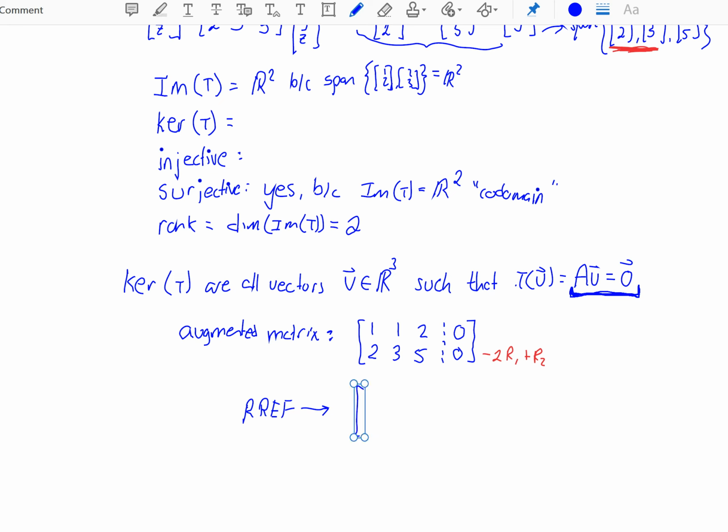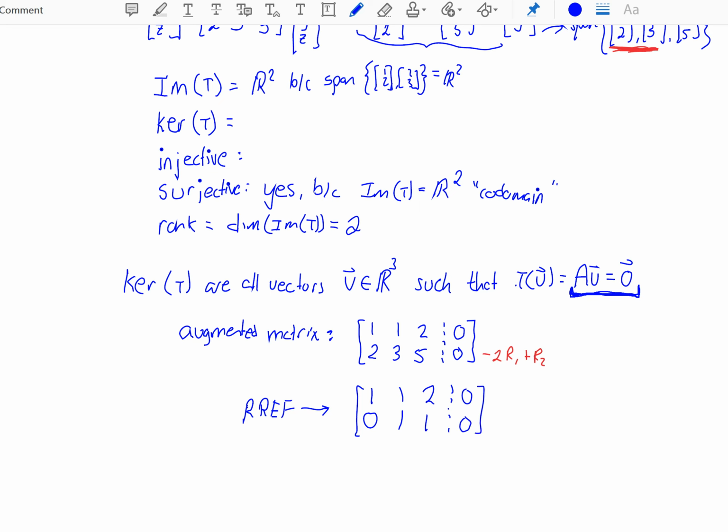When doing this row operation, we would not change the first row. And -2 times that added to that is 0. -2 times 1 added to 3 is 1. -2 times 2 added to 5 is 1. -2 times 0 added to 0 is still 0.